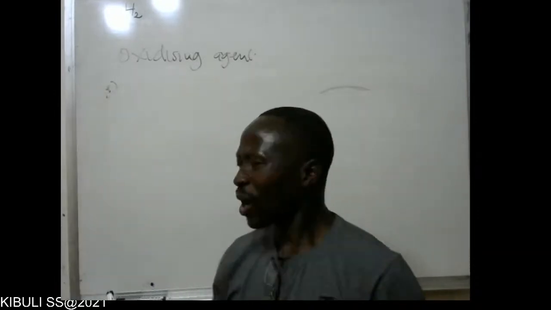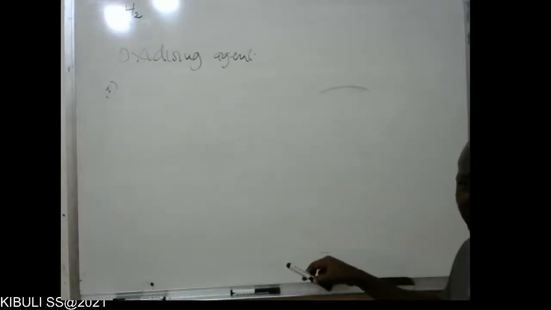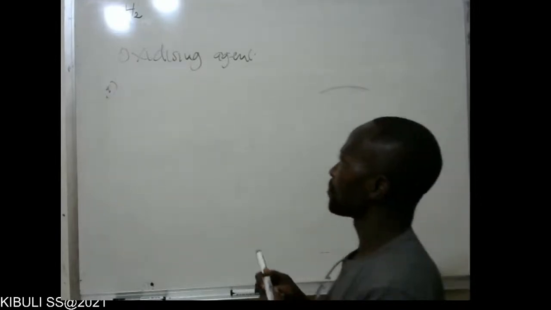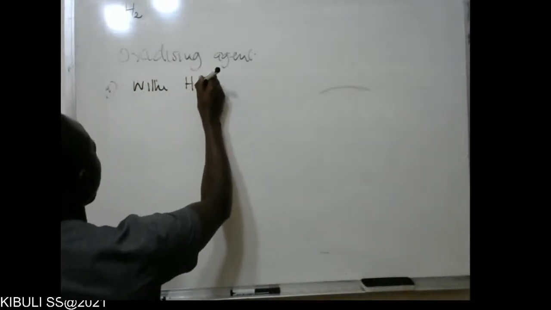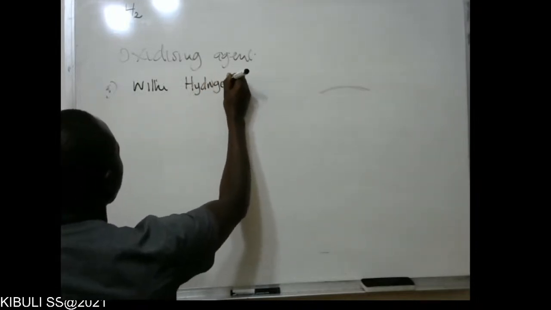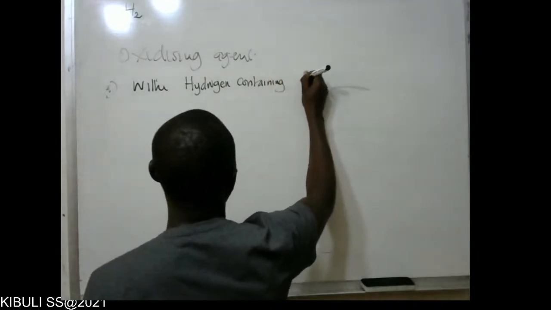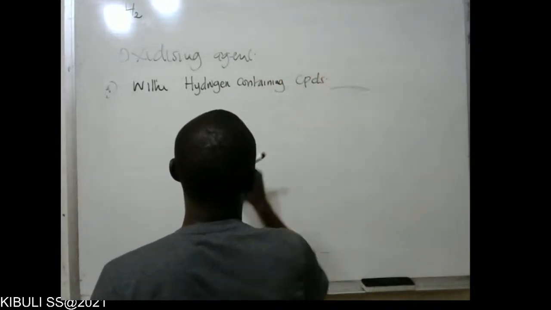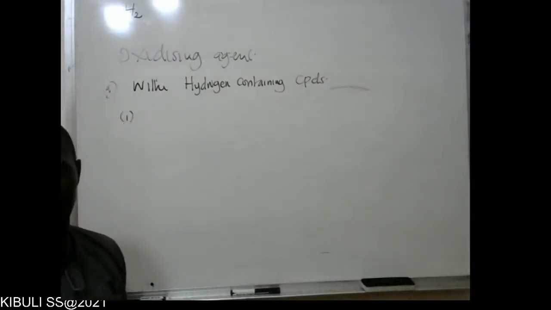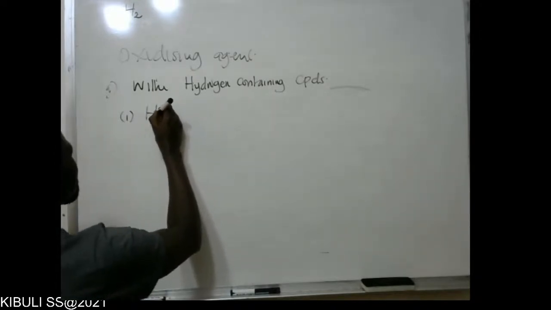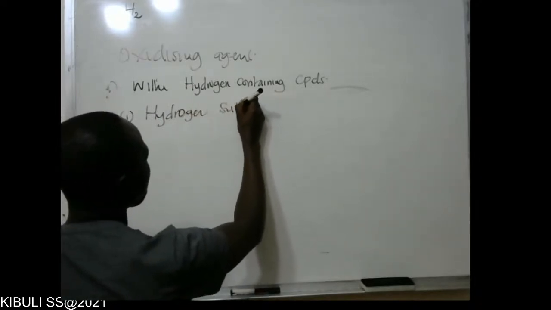Number one, I want us to consider the reaction of hydrogen with hydrogen-containing compounds. Under this category, there are quite a good number that we can look at. It includes things like hydrogen sulfide.